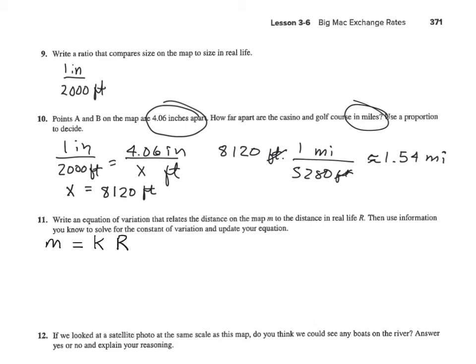On the map we know that 1 inch is equivalent to 2,000 feet. Then solving for k, our constant of variation, I'm going to leave this as a fraction for now. I get 1 over 2,000. So let's rewrite our equation with 1 over 2,000 as our constant of variation. All right, and I think we're good for number 11.